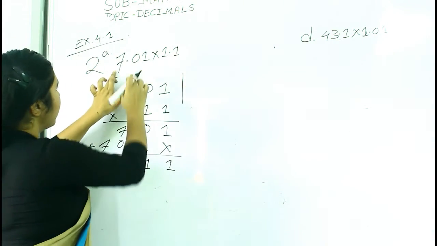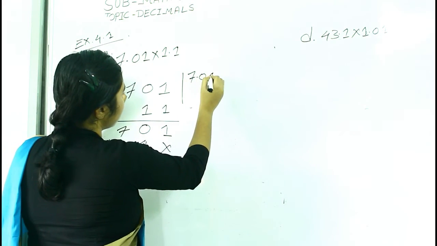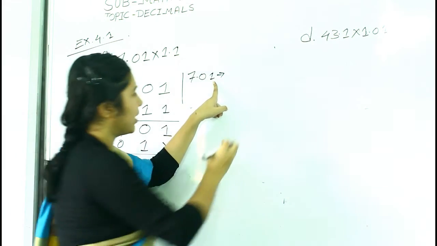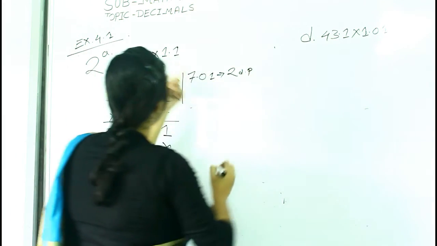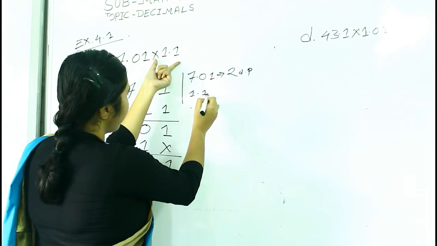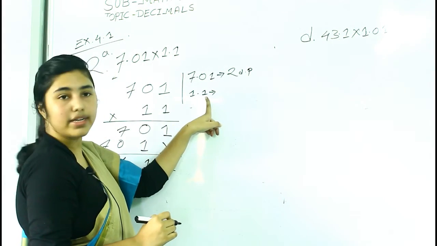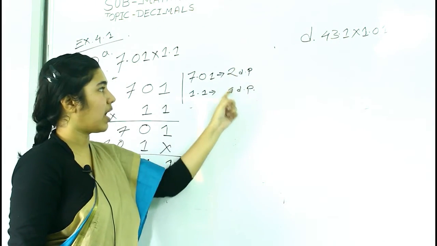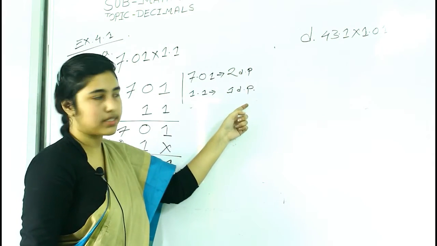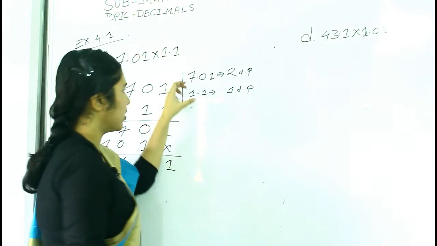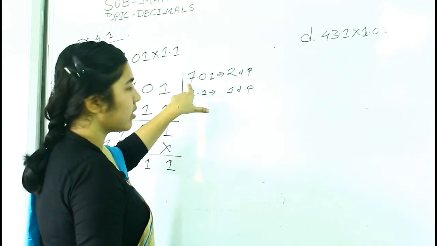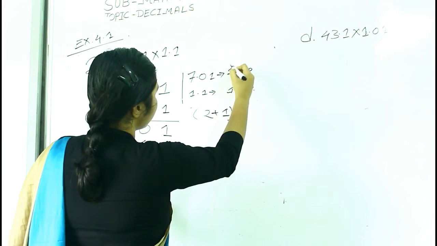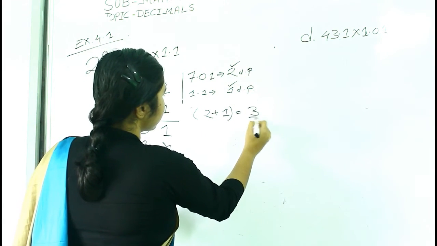Now look here, 7.01 has 2 decimal places, and the number 1.1 has 1 decimal place. Now add the number of decimal places of these two numbers, the multiplicand and multiplier. So 2 plus 1 is equal to 3.